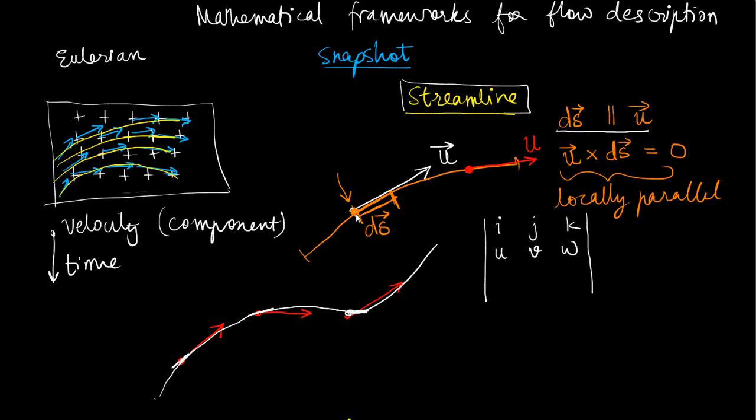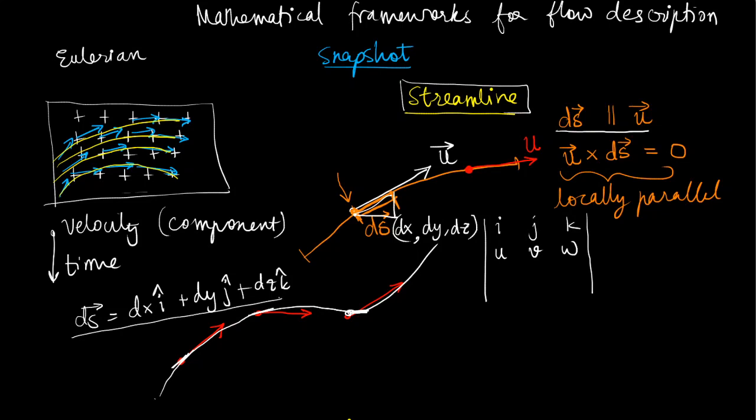Any displacement ds will have components dx, dy and dz. So essentially the ds vector is dx i plus dy j plus dz k, and we must understand that dx, dy and dz are not independent, because I cannot vary dx by a certain amount and dy by only this amount.